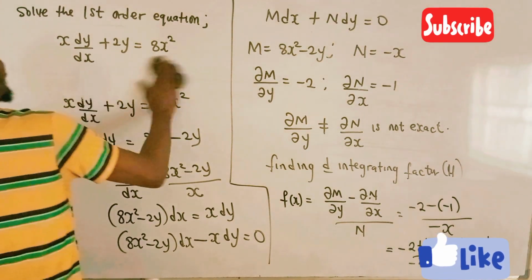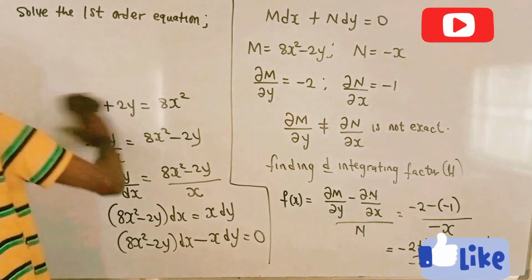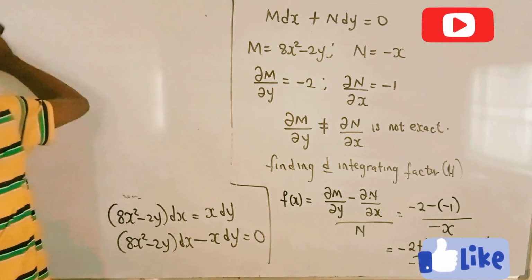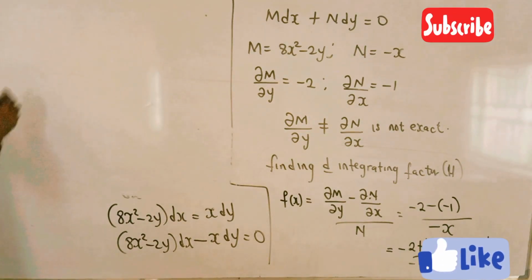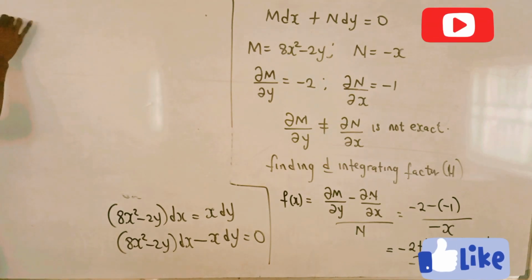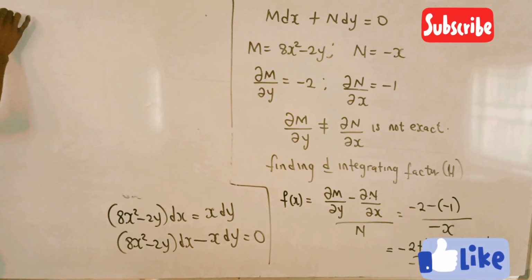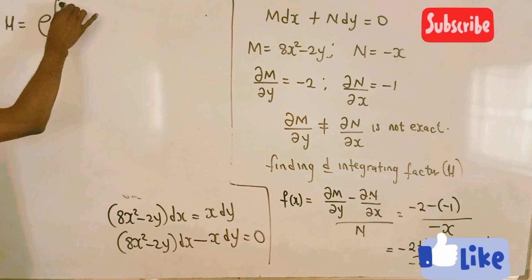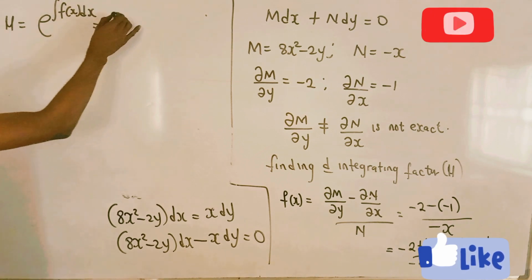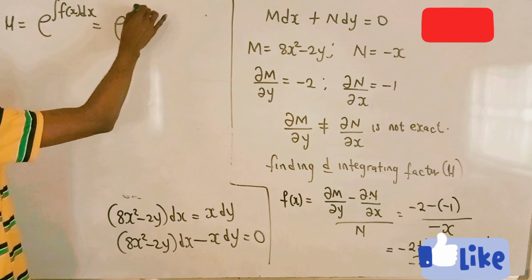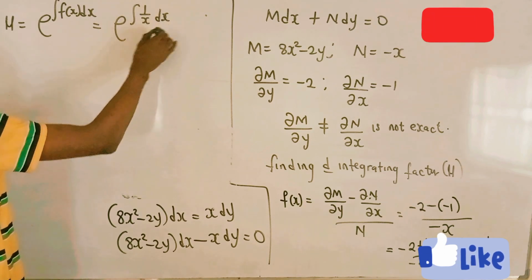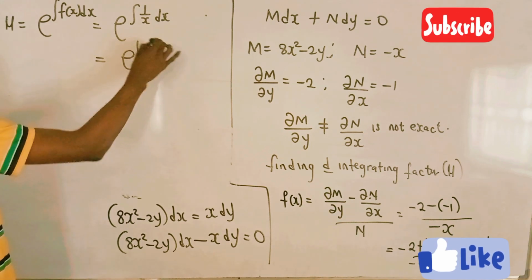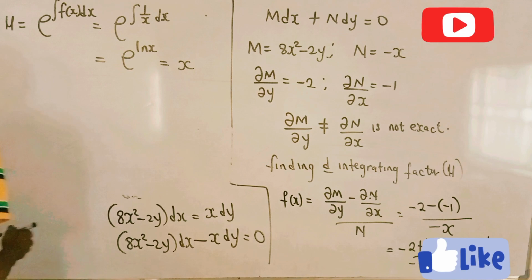So our integrating factor mu is equal to the exponential of the integral of f of x dx, which is equal to the exponential of the integral of 1 over x dx, which will give us e to the power ln x, and that is equal to x.